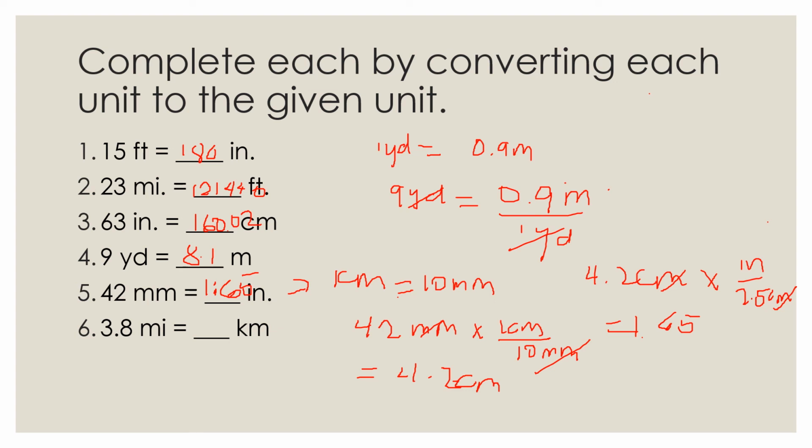Okay, next. The last is 6.3 mile to kilometers. We know that 1 mile is about 1.6 kilometers. So we have 3.8 miles times 1.6 kilometers over 1 mile.